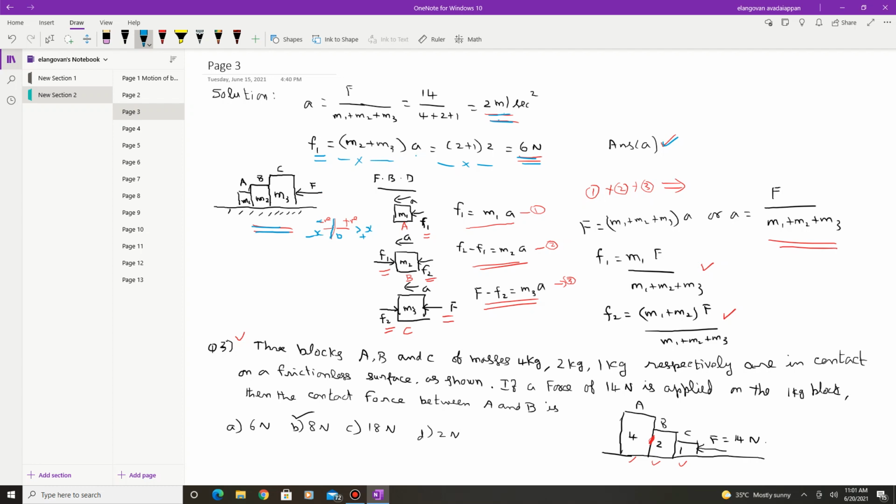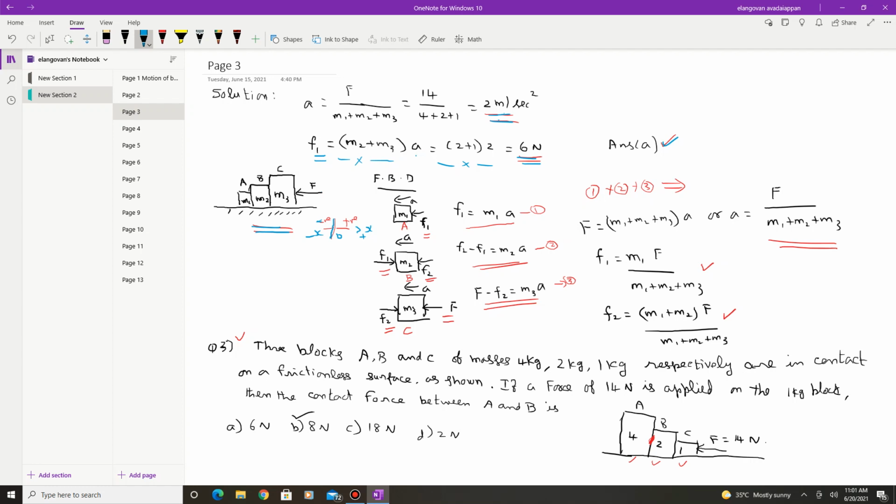Now consider the first block A and draw the free body diagram. The mass is m1 and the acceleration is A, along the direction of the force, so it is also moving along the negative x direction, and F1 is the contact force.